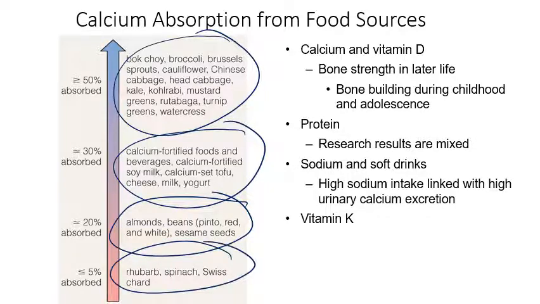And these foods have 5% or less absorption of calcium. So it's really interesting how some foods you absorb calcium much better than others. You would think that milk and milk-related products would probably be on the top, but it seems like with leafy greens, broccoli, that family, you absorb the calcium much better.